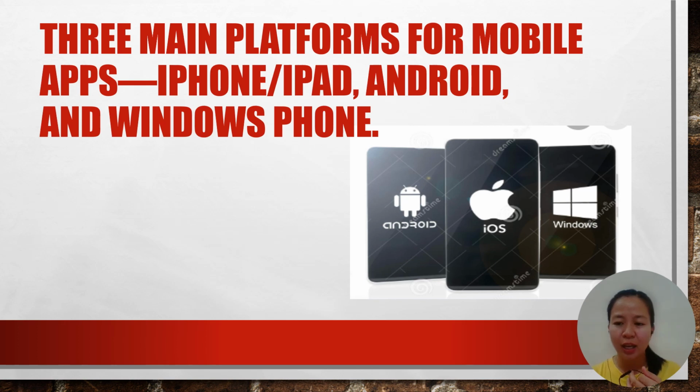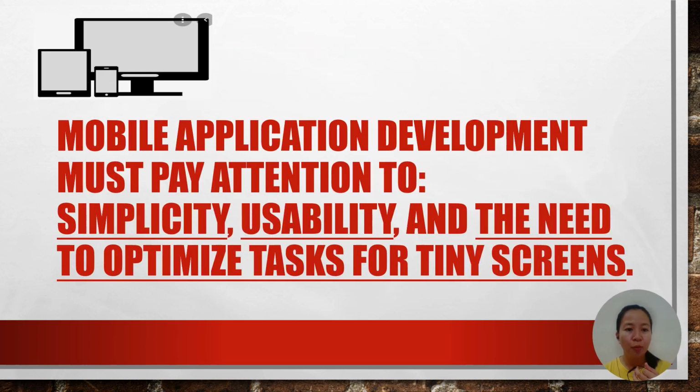The interactive session on technology describes how some companies have addressed the challenges of mobile development we have just identified. Mobile application development must pay attention to simplicity, usability, and the need to optimize tasks for tiny screens.